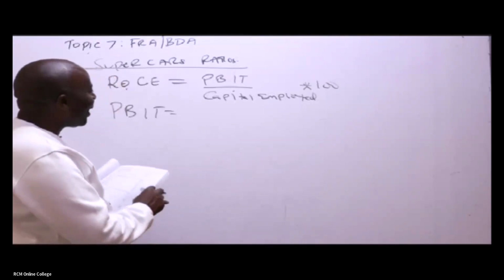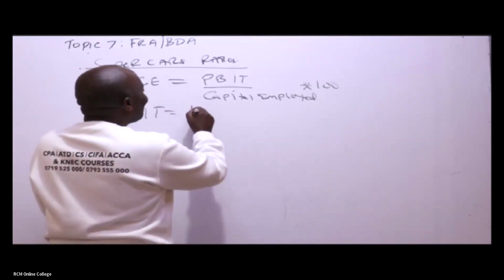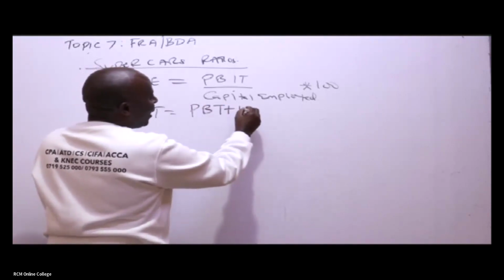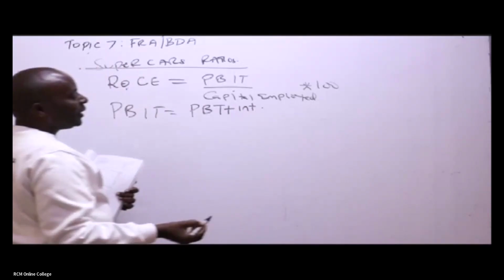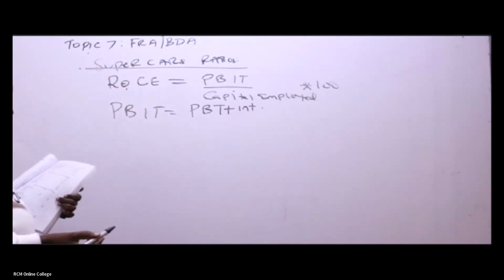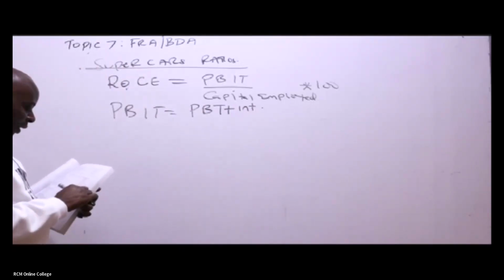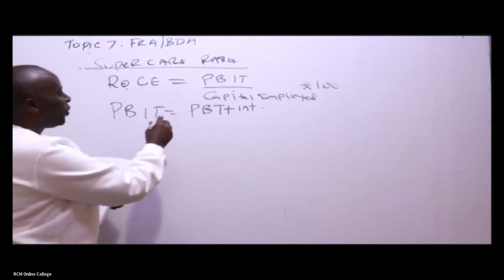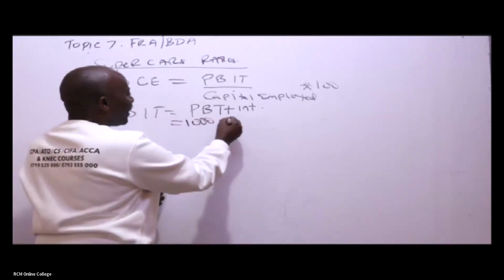Whatever they have given me is PBT. So when they give me PBT, I must add back interest, because what Irene is giving me there, 1,000, is profit before tax. So it is 1,000 plus interest.